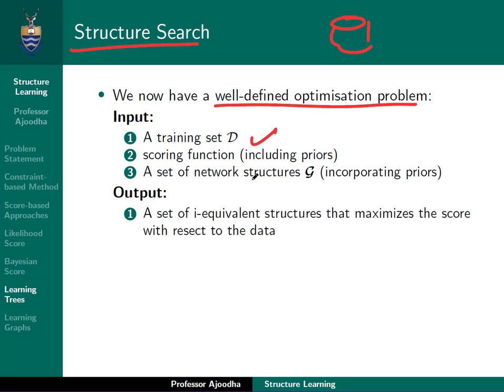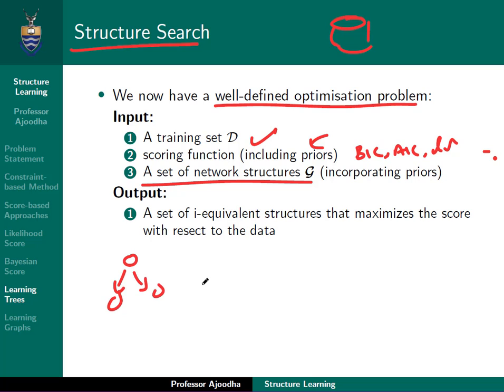We've got a data set. We've got a scoring function that can be the BIC score, the AIC score, the likelihood score, and so on. Any score you want, including priors. You can have a Dirichlet prior, the K2 prior, the BDE prior, any prior you want. And also we have a set of network structures.